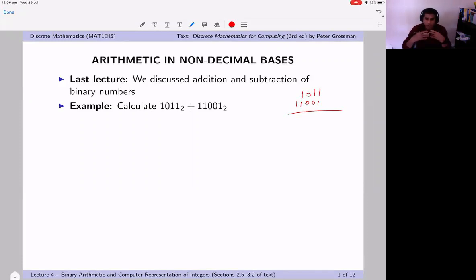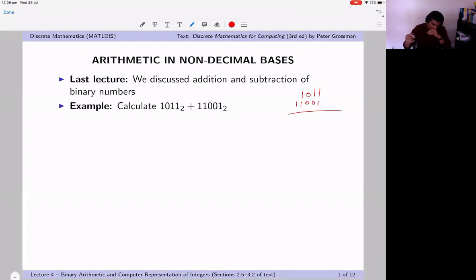Every time you're adding or subtracting, and we'll do multiplication and division as well today, it's like a puzzle: you're only allowed the digits zero and one. You cannot go beyond that. So following the same principles as before, we're going to add, subtract, multiply, and divide numbers in binary.